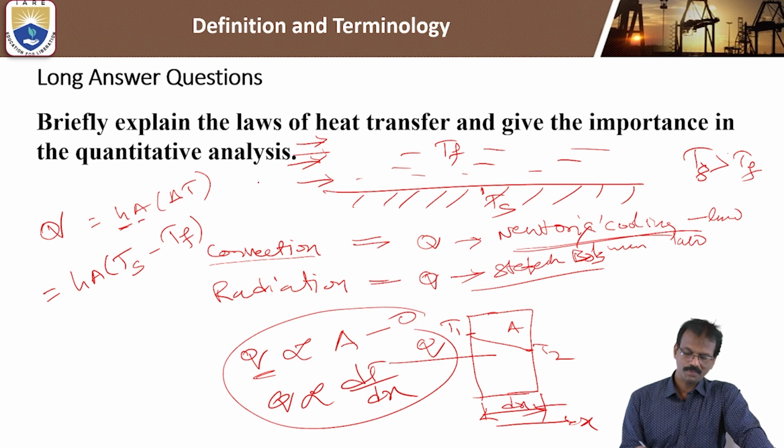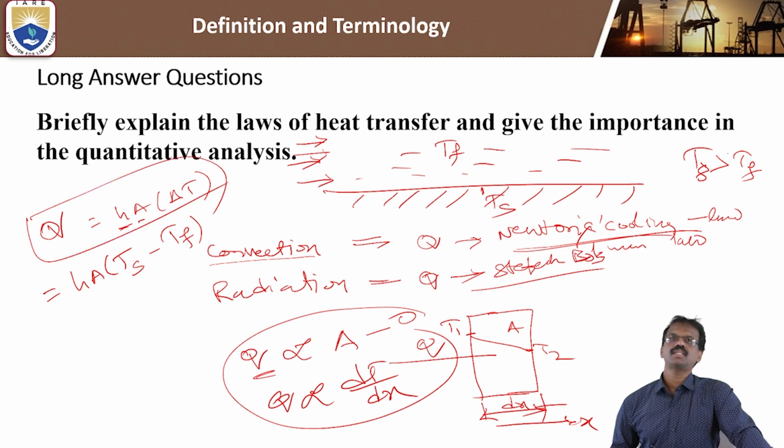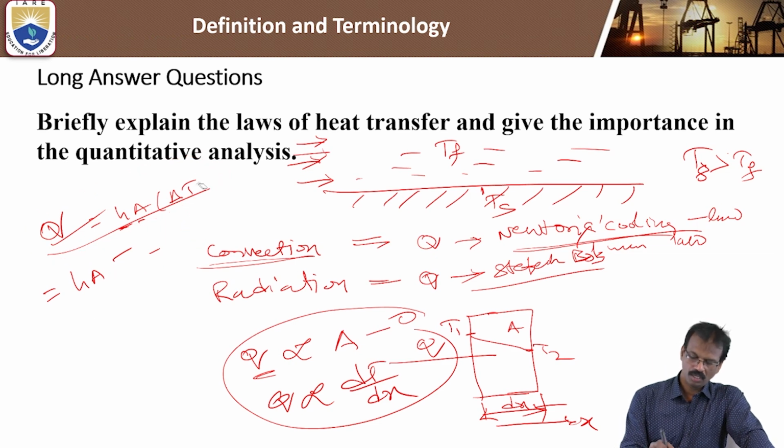Based upon these parameters, he has given just one formula, q = hA ΔT. By using this formula, you can find the rate of heat transfer through the convection process. So this is the law related to the convection process.